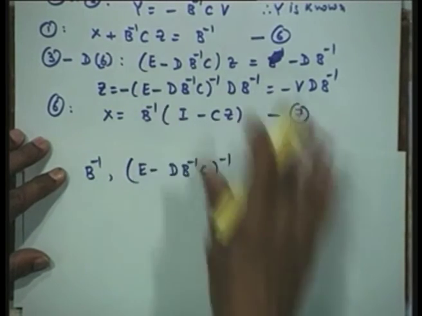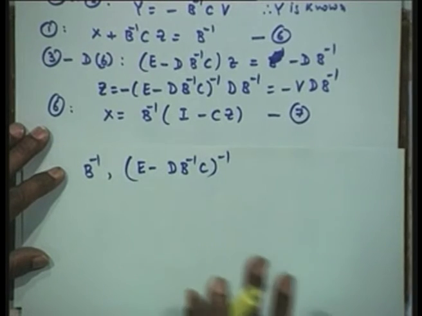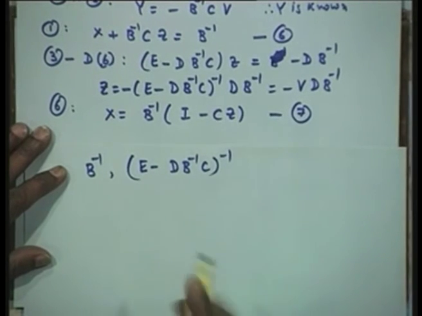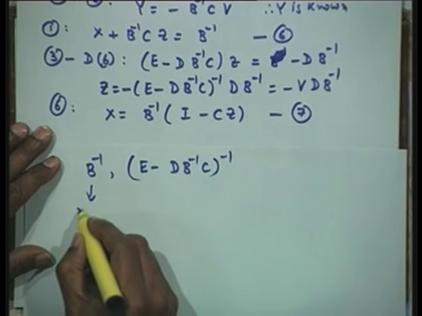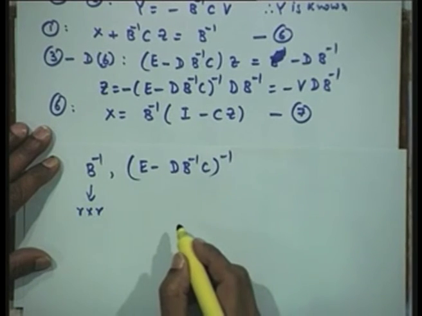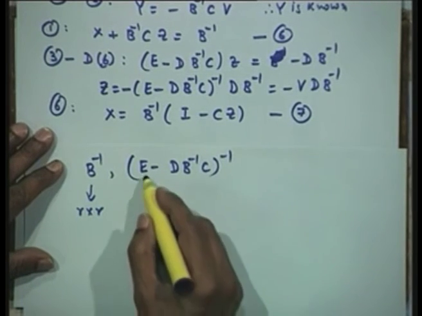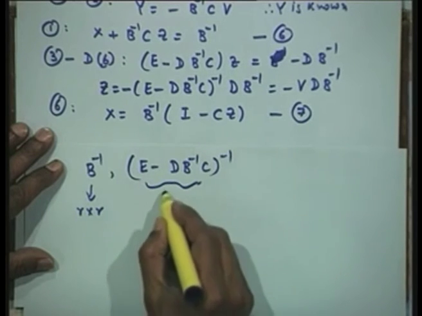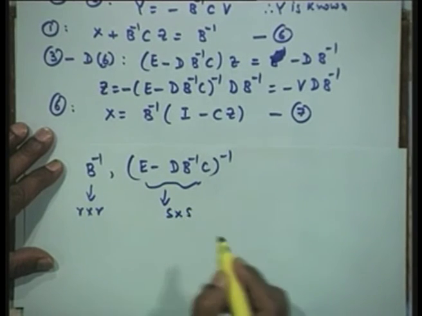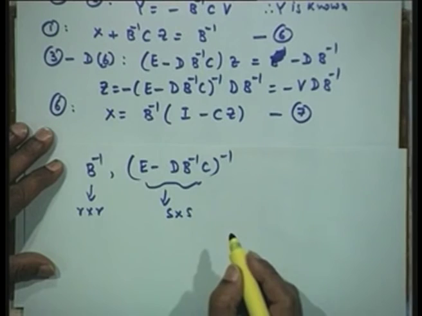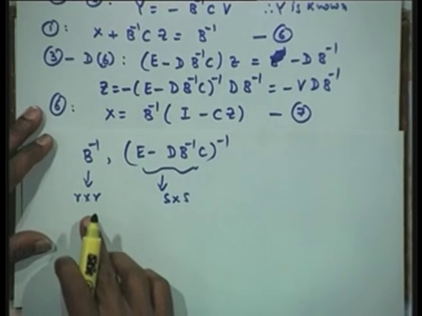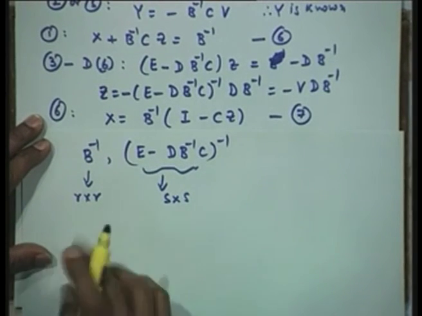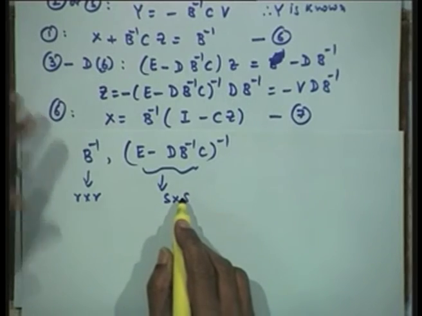These are the two inverses that we have used in the construction of the entire system. Now what is the order of this? The order of B inverse is R into R. The order of E was S, therefore the order of this is S into S. Therefore we are now using the inverse of only two matrices, R into R and S into S.